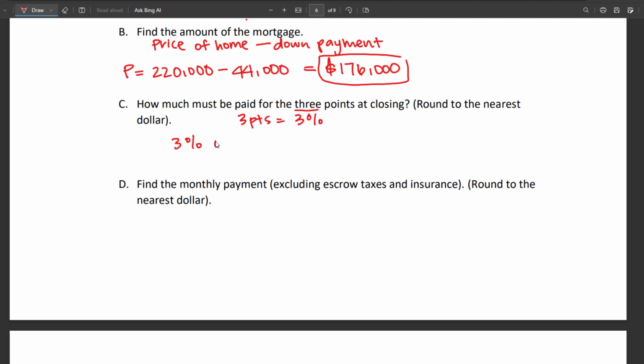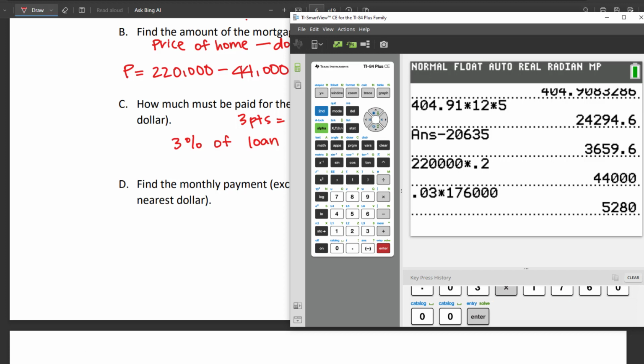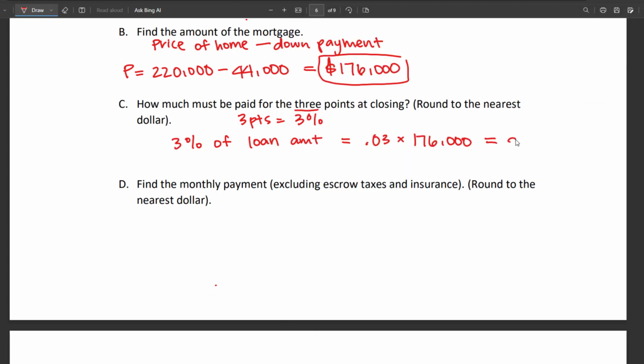So 3% of the loan amount is 0.03 times $176,000, which is $5,280. And that is pretty accurate for closing costs.